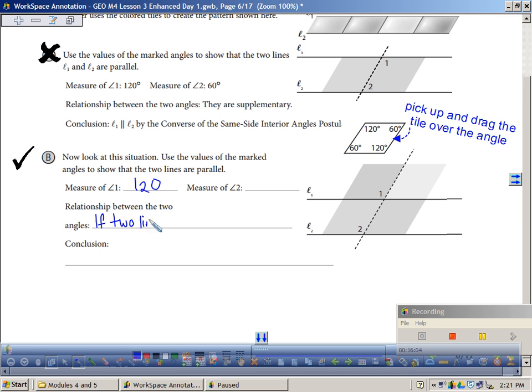Alright, so if two lines, I should put 120 here, are cut by a transversal, you're not giving us enough room here. So no, that's the conclusion, the then, right? This is the if. If two lines are cut by a transversal, so that what?